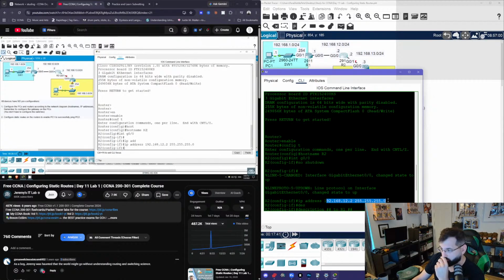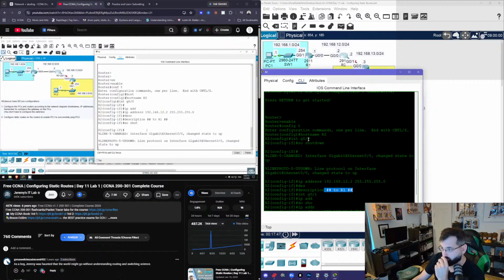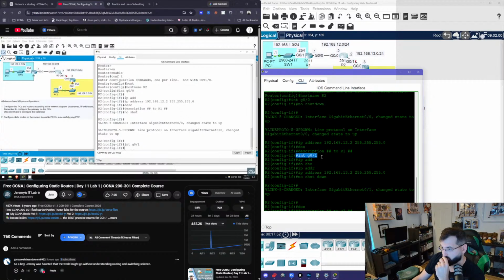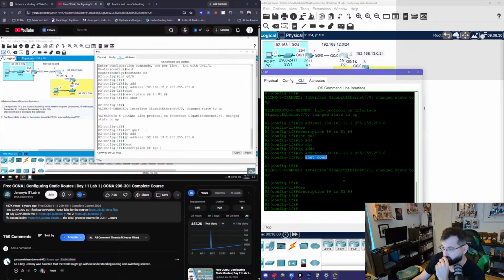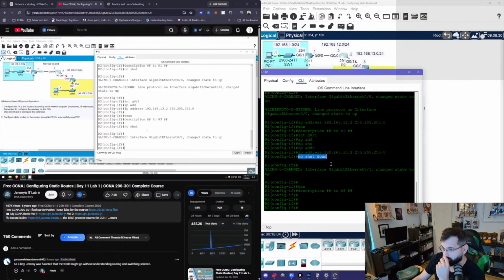Then the description, 2R1. Now let's enable it. No shutdown. Okay, now I'll do the same on G0/1. IP address 192.168.13.2, 255.255.255.0. Description 2R3. No shutdown.